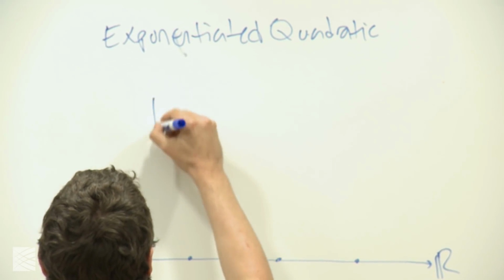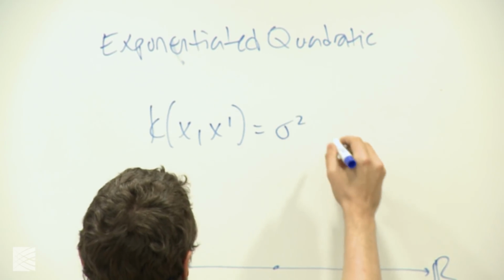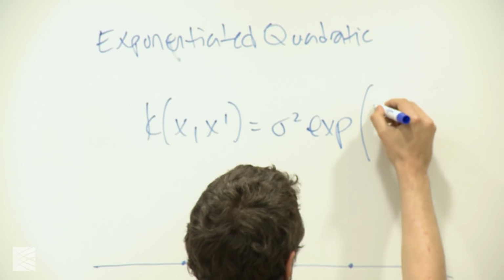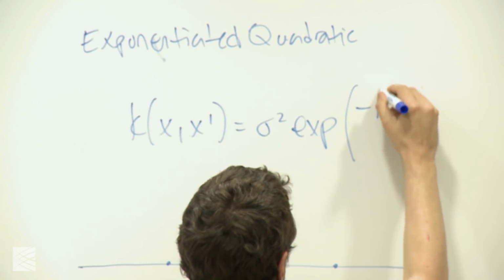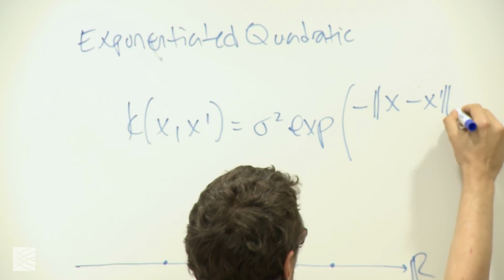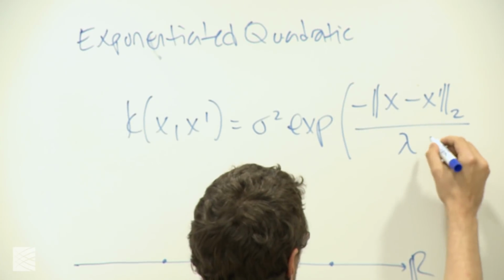But yeah, so this is k of x, x prime, which is going to be equal to some positive number times the exponential of minus the distance between x and x prime. This could be a vector distance, like an L2 norm, divided by some characteristic length scale.